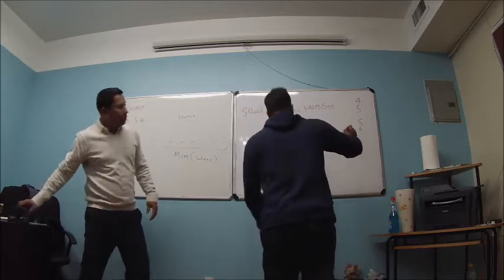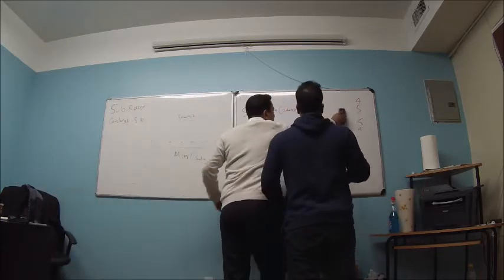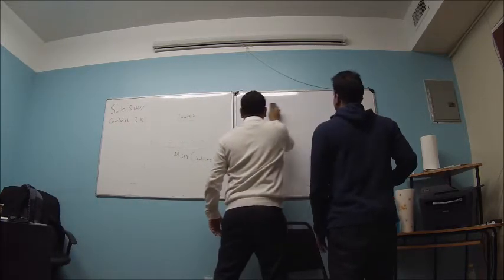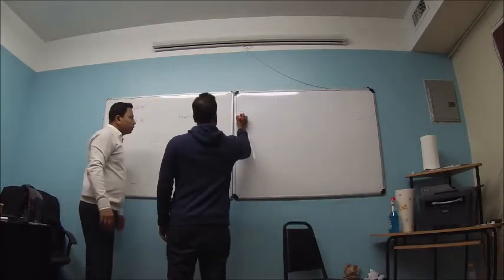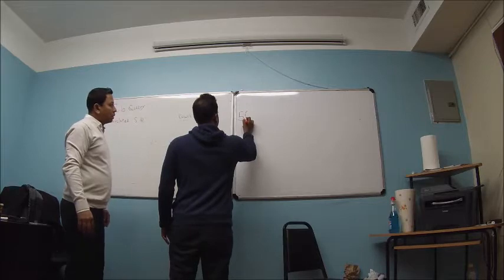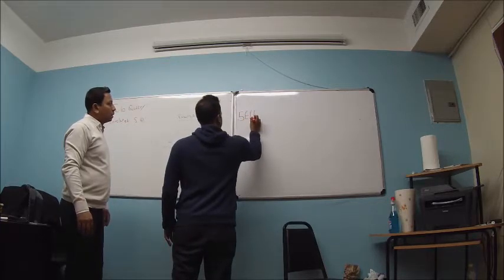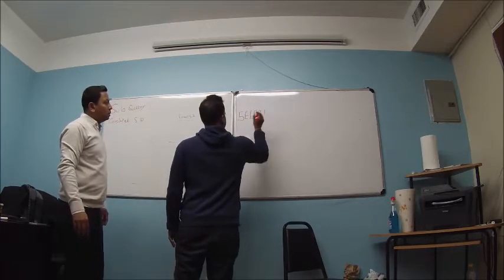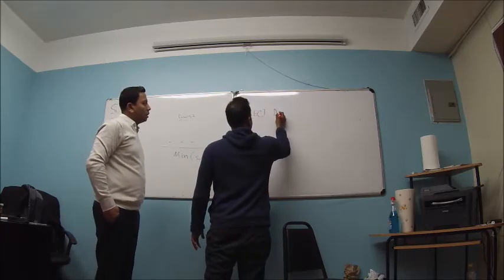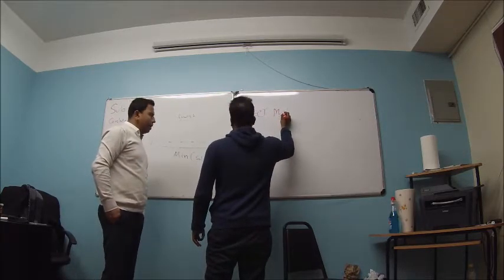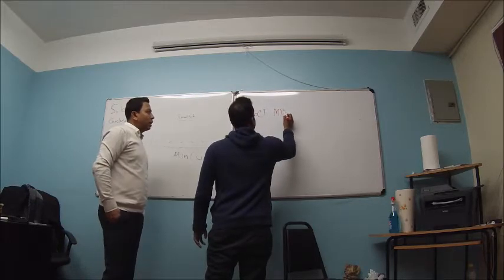Okay, so wipe it off. So you can write it down in here, write it down the proper way. How do you write select? Good. Select. Isn't that a keyword?